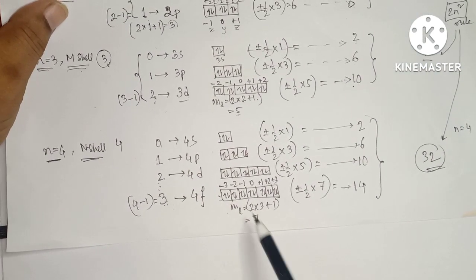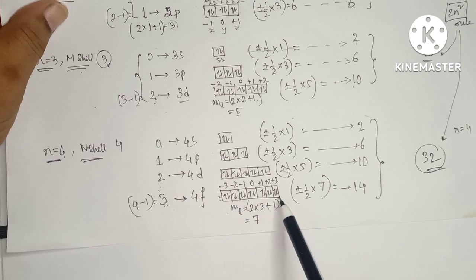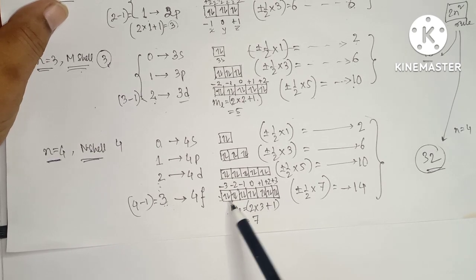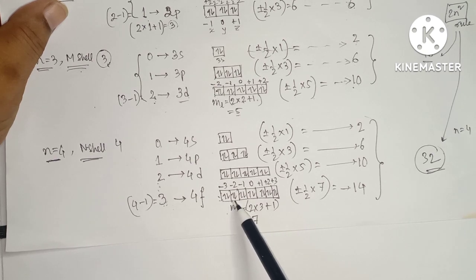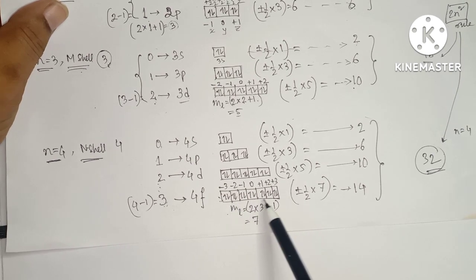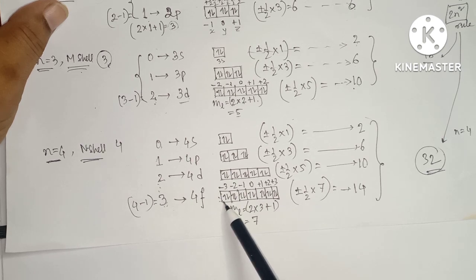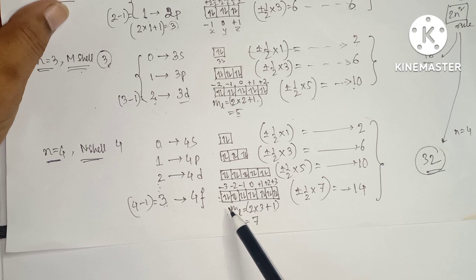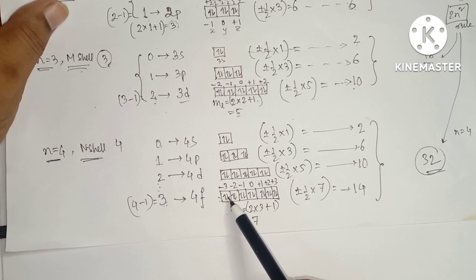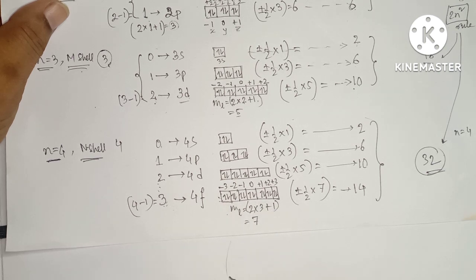That means 7 represents that there are 7 rooms in one orbital, the 4f orbital. 7 rooms, that means 7 suborbitals present in the same orbital, that is 4f. Each orbital contains a maximum of 2 electrons, each having plus half, minus half, opposite spin.